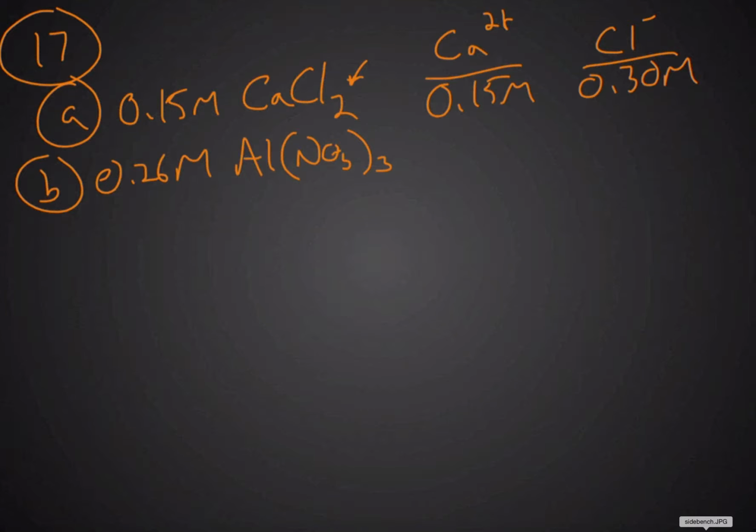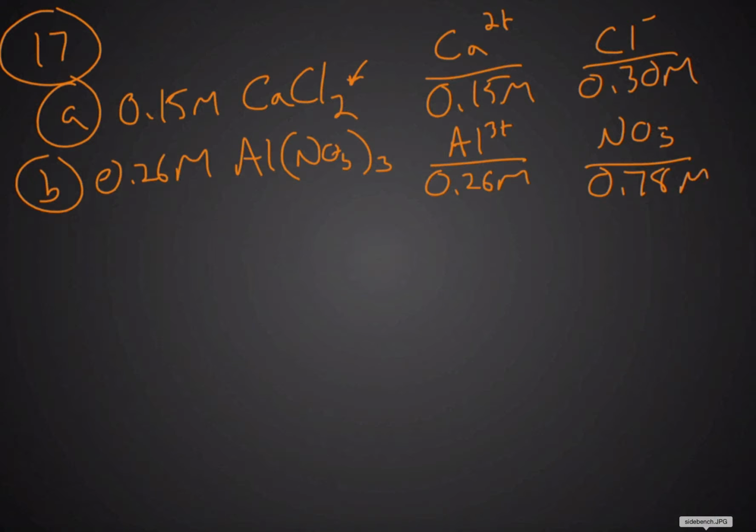For B, 0.26 molar solution of aluminum nitrate. So the aluminum is going to have the same concentration because there's just 1 aluminum per mole. So that's 0.26. The nitrate, though, there are 3 moles of nitrate ion for every mole of solution when it dissociates. So you get 3 times the concentration, or 0.78 molar. In the next one, we have 0.25 molar potassium chromate.